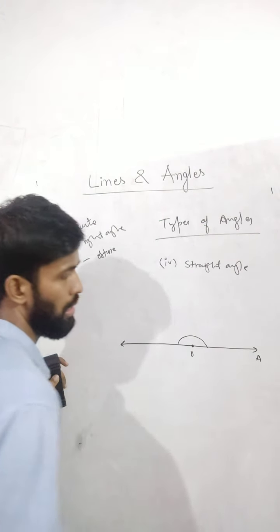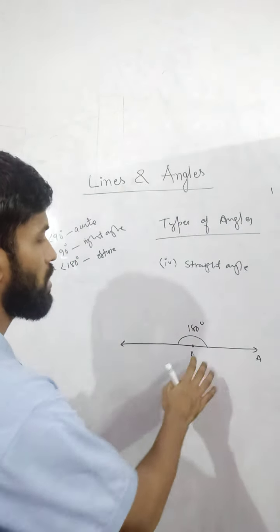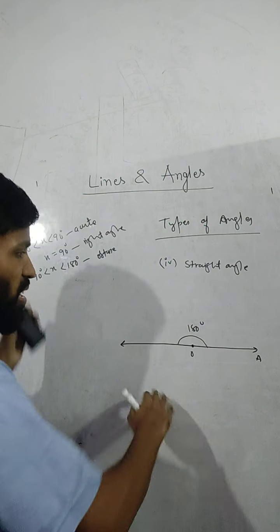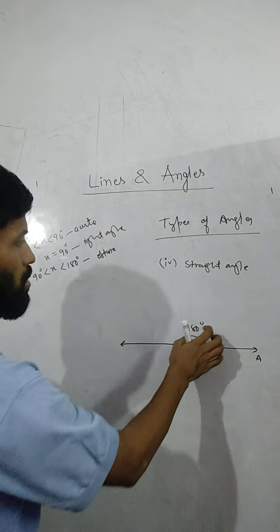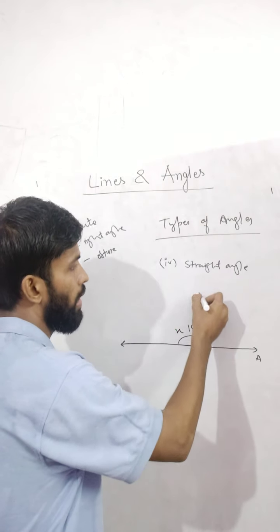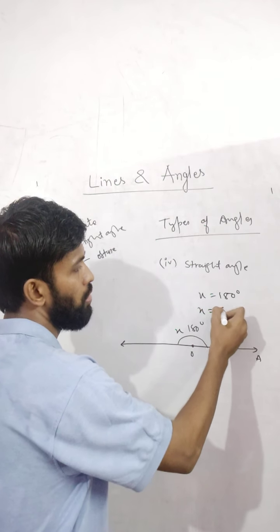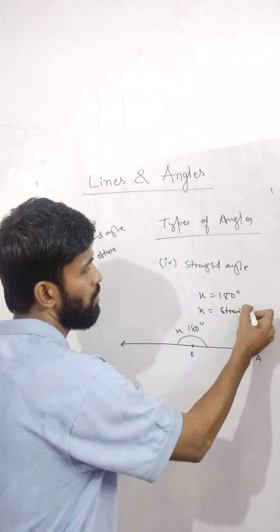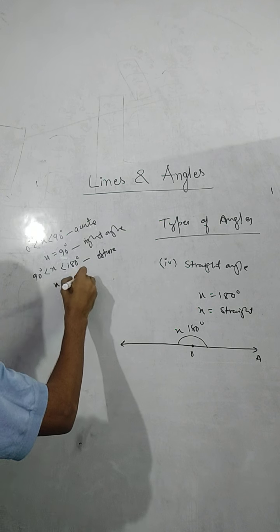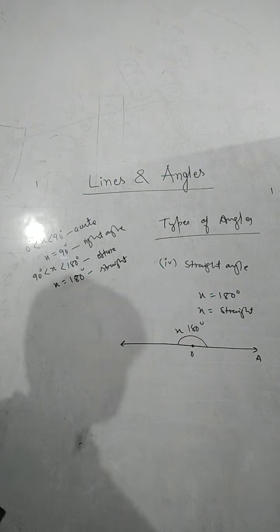So this is exactly 180 degree. When two rays are opposite to each other, or anti-parallel, they form either a linear pair or a straight angle. If I represent this angle with x, then x is exactly equal to 180 degree, so x is a straight angle. When x is exactly 180 degree, this is a straight angle.